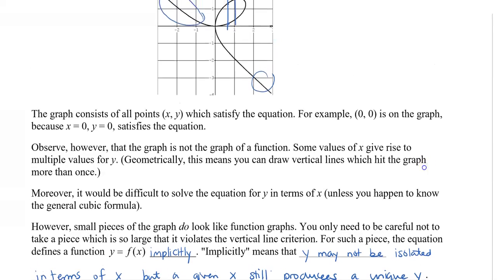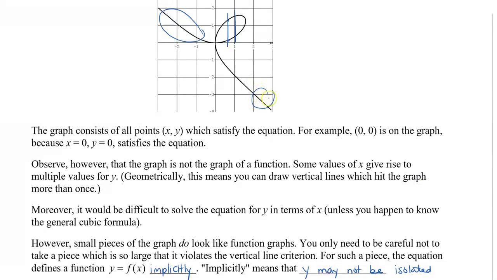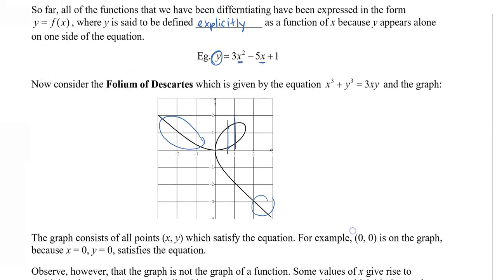If you look at these places here, we can still say that x will give us a particular y. I like to think of it as implicit as opposed to explicit. If you have x and y on one side and the other side, and you can't really separate them, then that would be implicit. Whereas if y is isolated on the left or the right side, then this would be explicit.